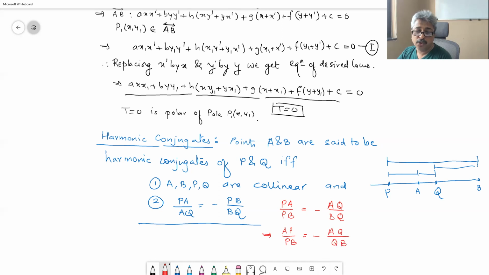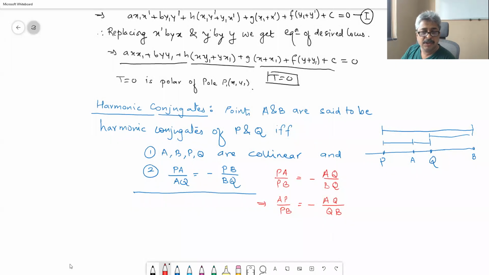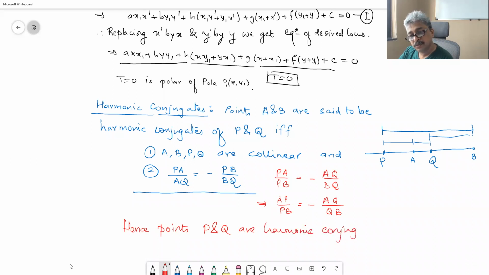So if this is true, then this is also true, and therefore the corollary is that points P and Q are harmonic conjugates of A and B. Do you understand?